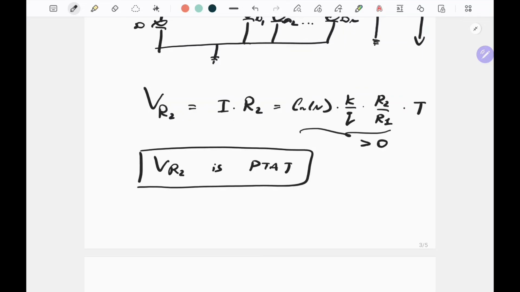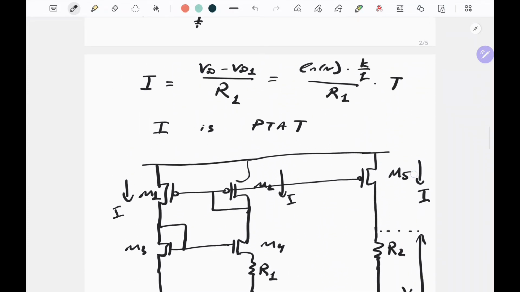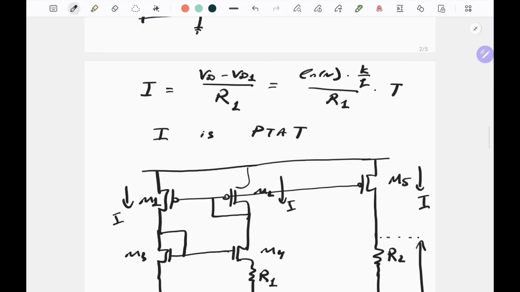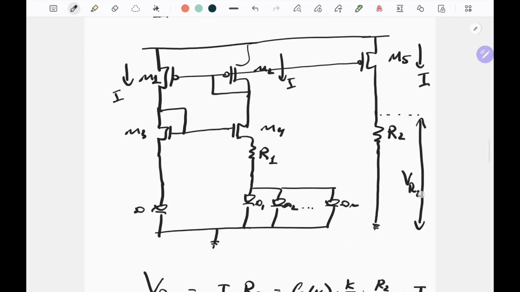So I would like to finish this video with a comment about the temperature coefficient of R1. As you remember, we made an assumption that R1 has a zero temperature coefficient, and that was important for the current I to be itself a PTAT current reference.